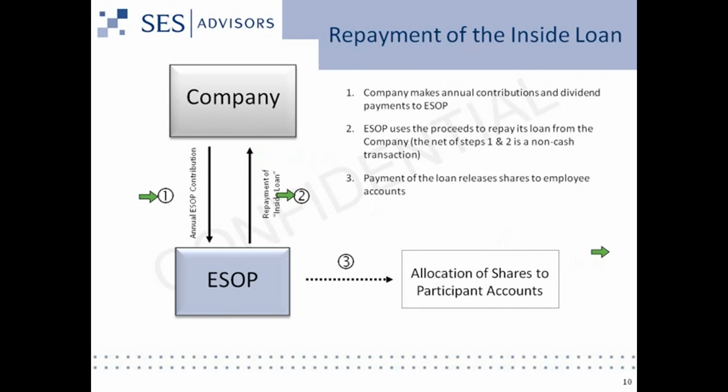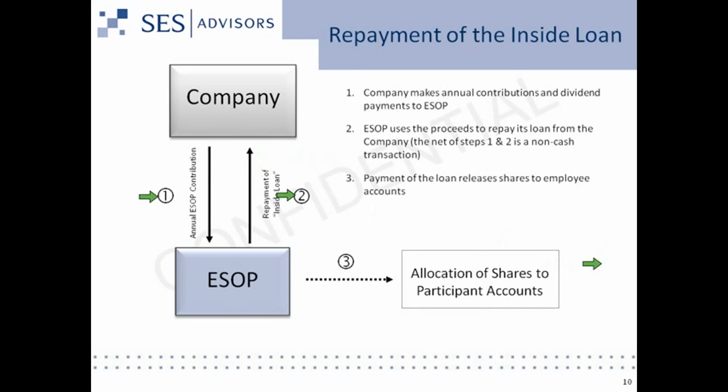Now, when we started, all of the shares that the ESOP purchased were financed shares. None of them had actually been paid for in cash. They had all been paid for in debt. And therefore, the ESOP didn't allocate those shares to the accounts of plan participants. Rather, the ESOP held those shares in the ESOP suspense account, which means that they're owned by the ESOP, but they're not allocated to the account of any ESOP participant.